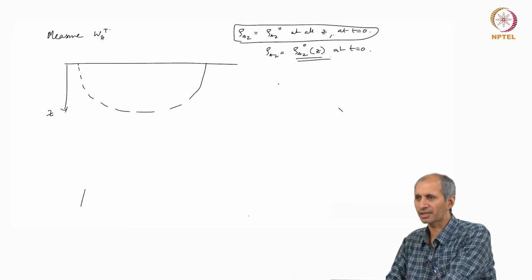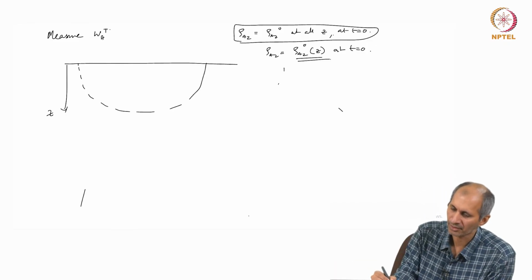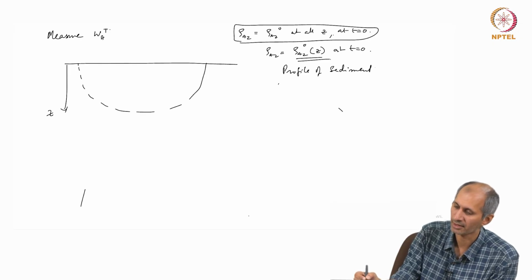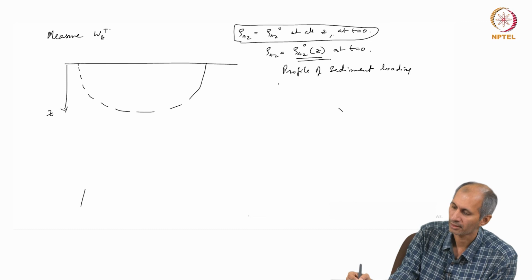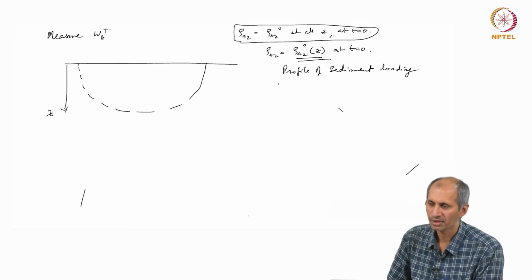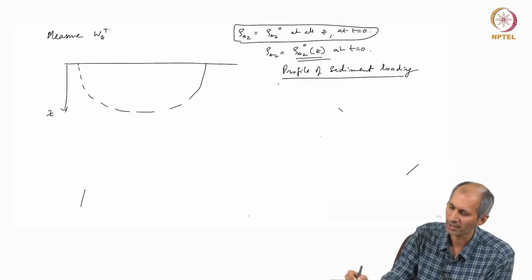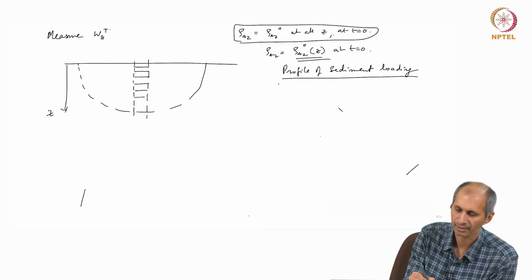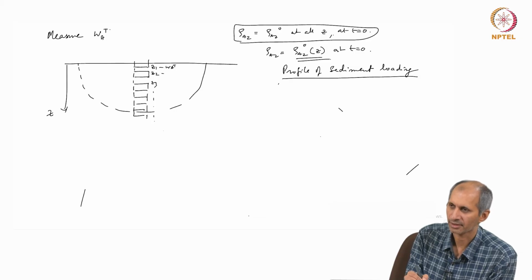So, if you want to get a profile of sediment loading rather than one location, I would like to have measurements made at every distance, as z equals z1, z2, z3 and so on. I need to know what is the value of WAT at each of these locations. How do you do this?